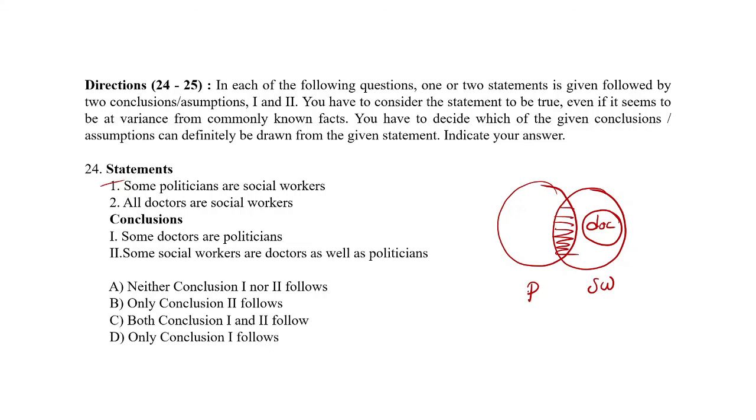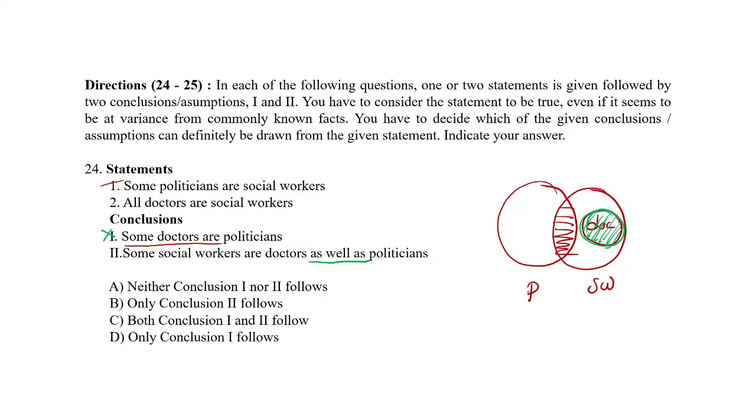Now coming to conclusions, first conclusion, some doctors are politicians. We can't say because there is no relation between doctors and politicians. So first one is wrong. Second one, some social workers are doctors? Yes, up to here that is correct. This is some part. But here there is a phrase, as well as. Some social workers are doctors as well as politicians.